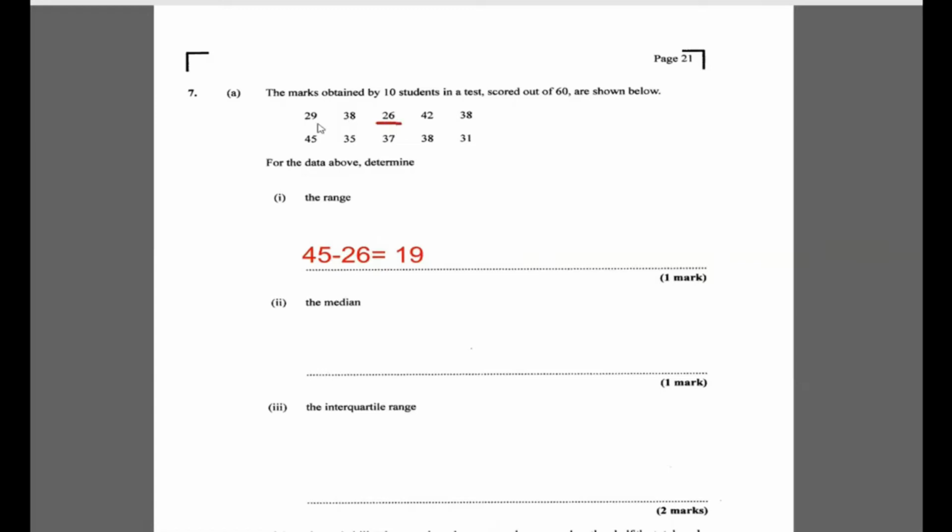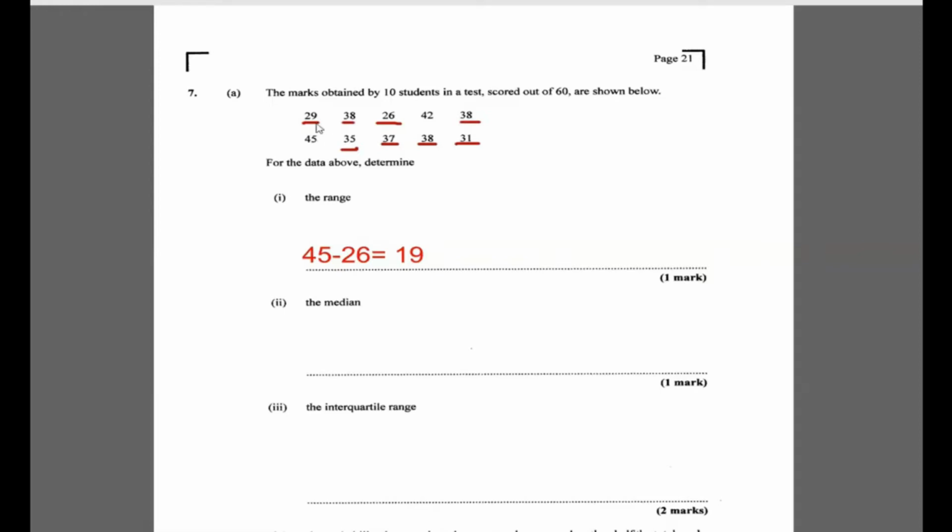So 26 comes first, then 29, then 31. So this is first, second, third. Fourth lowest is 35. Fifth lowest is 37. Sixth lowest is 38. Then 38. Then 38. Then 42. Then 45.